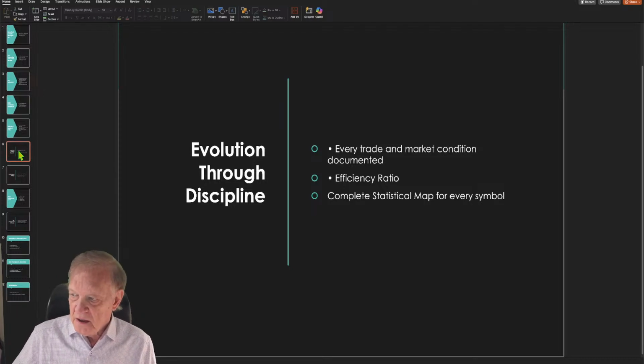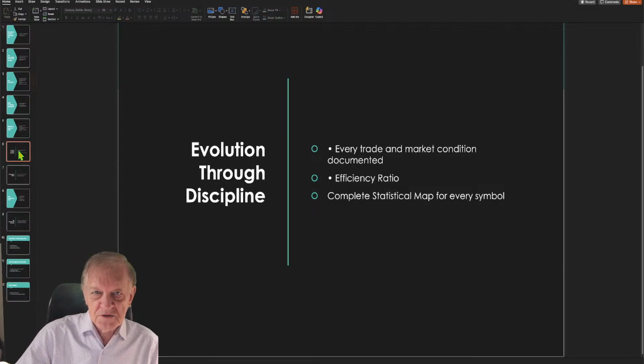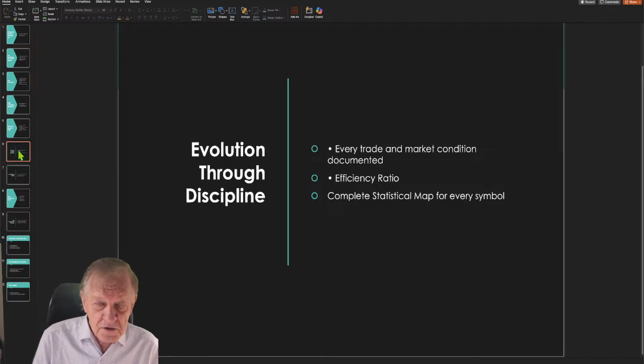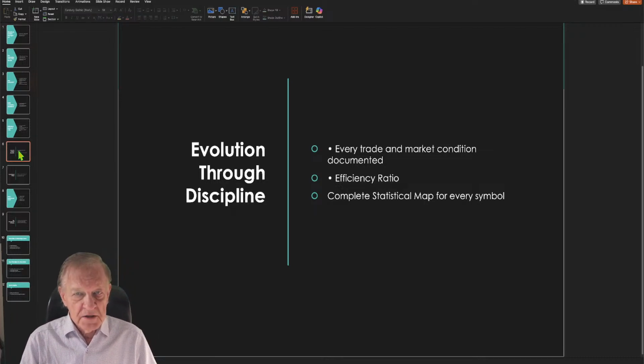But the point is, every condition and trade and everything is documented, showing the full transparency of every trade. There's something called the efficient ratio, which is the ER ratio. I will talk about that in a minute. Basically, it looks at the broad metrics.